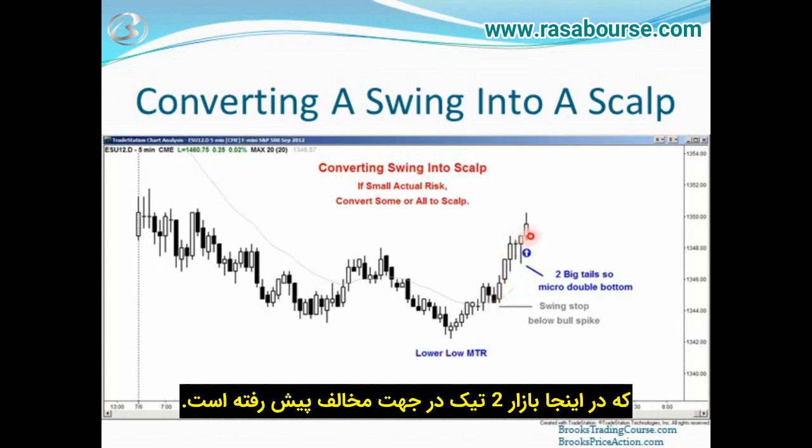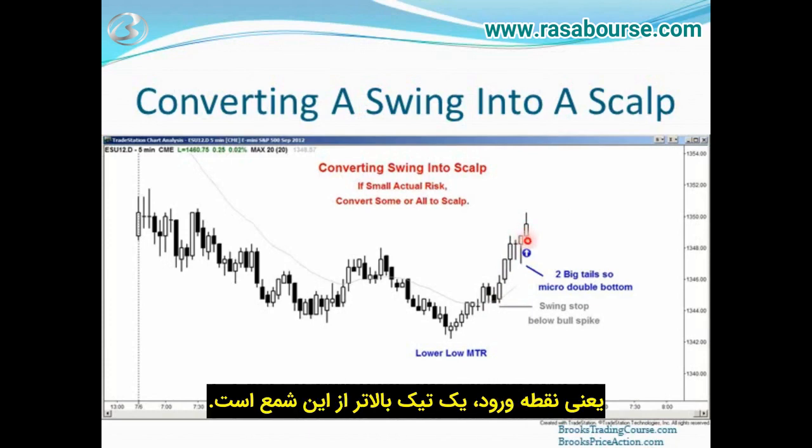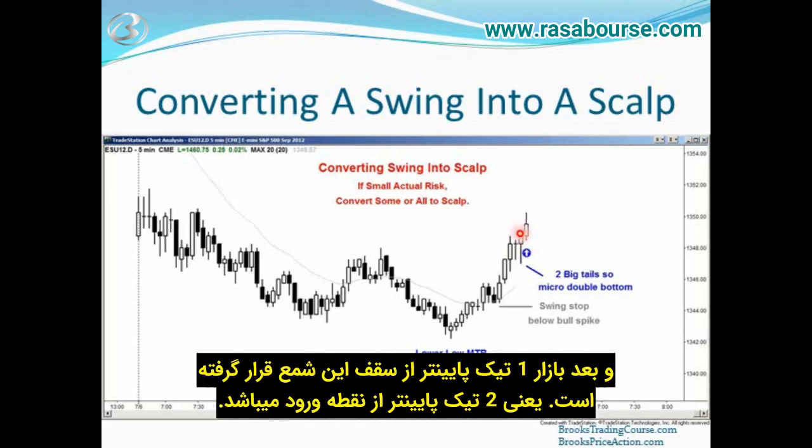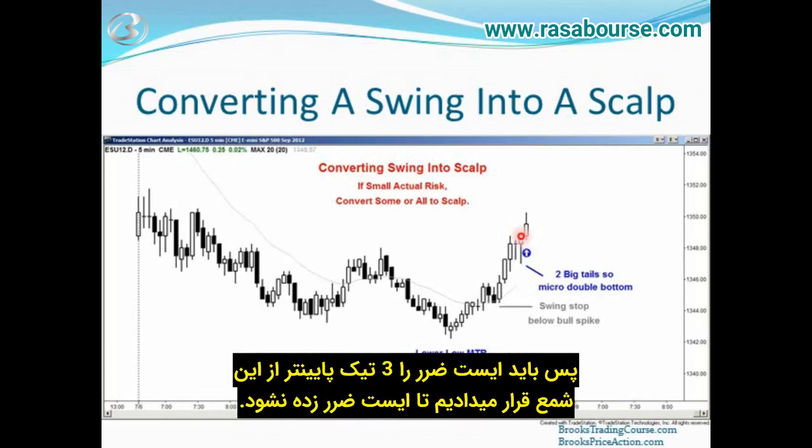And in this particular case, the market at most went 2 ticks against your entry price. You know, we had the entry 1 tick above this bar. The market traded 1 tick below the high of the bar, 2 ticks below your entry price. So you would have needed to have a stop 3 ticks away to be in the market as it was going up.